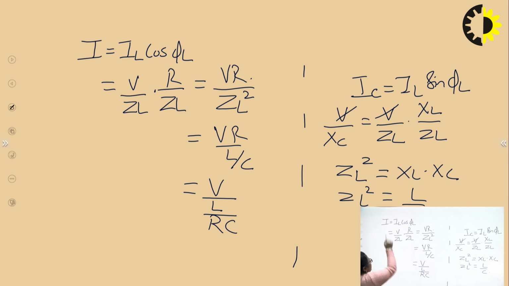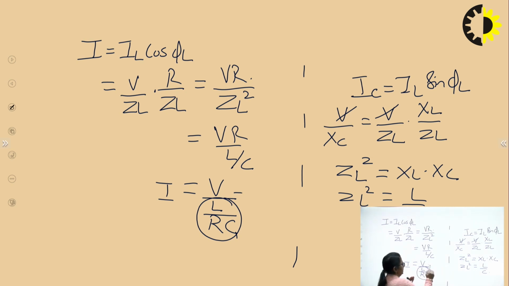This is all we are doing for I, right? So I is equal to V upon L upon RC. What should this term be? Current is equal to voltage divided by impedance, and this is all at resonance.